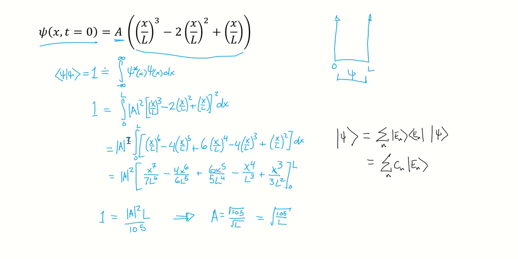Where these coefficients here are just a linear combination of our energy eigenvalues. These C sub n's are equal to the projection of the wave function onto those energy eigenvectors. So we know our energy eigenfunctions for the infinite square well, so we can figure this out.